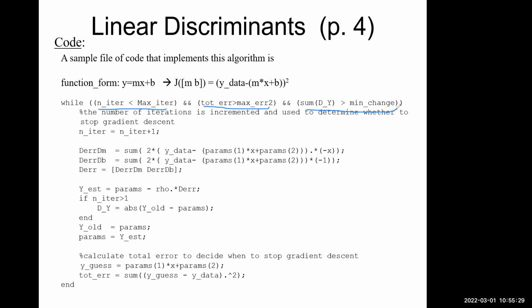So we started off with some random values for m and b. We want to iterate and change m and b until we find the m and b that gives us the best answer. So we need to calculate the gradient with respect to 2 variables, m and b. So that gradient is a 2-element vector.